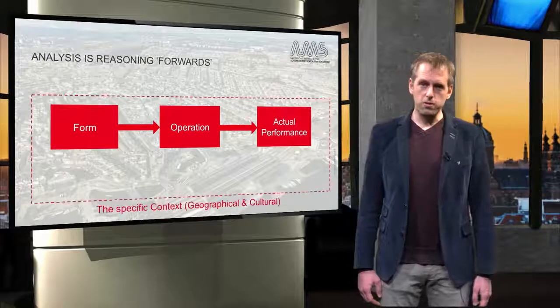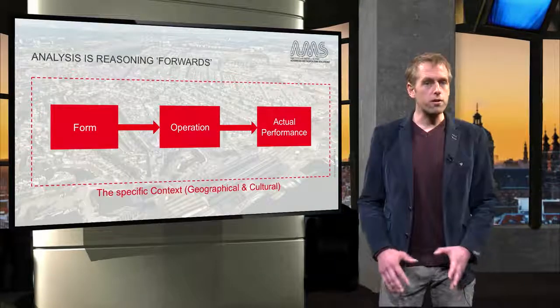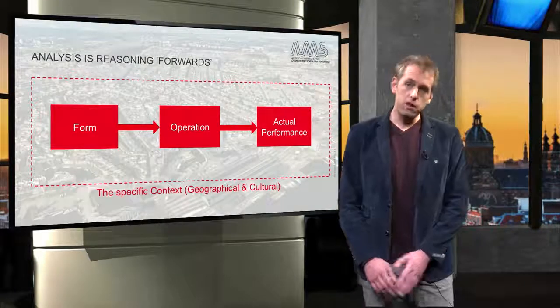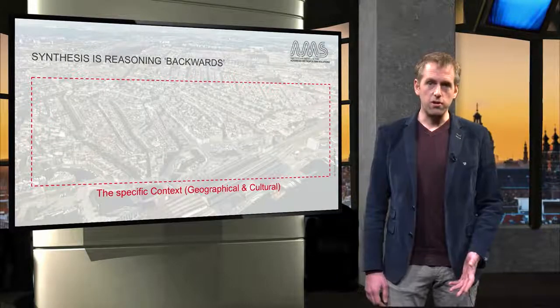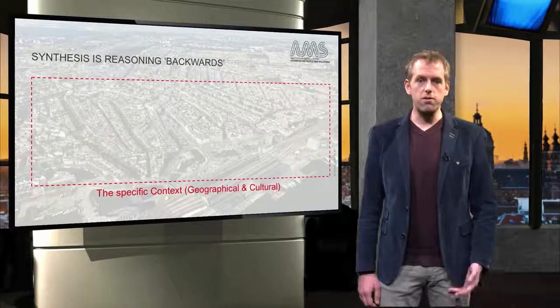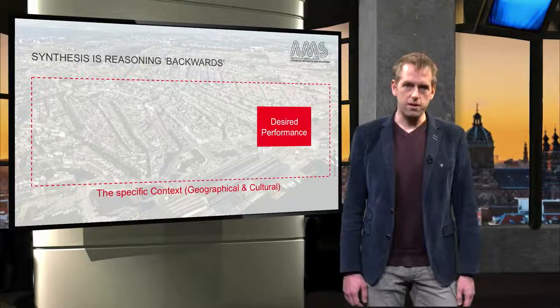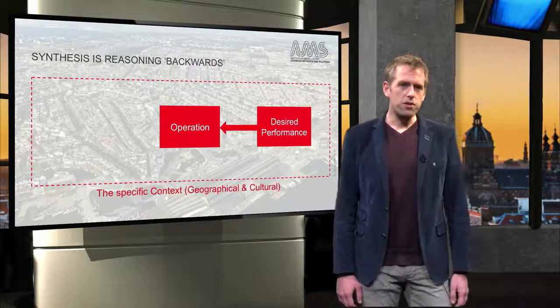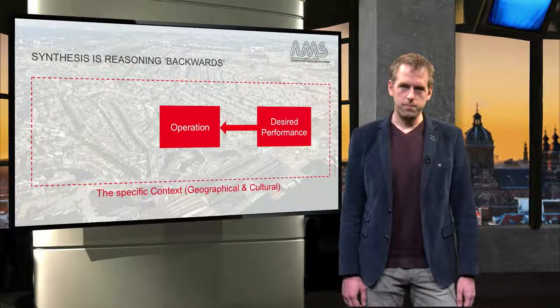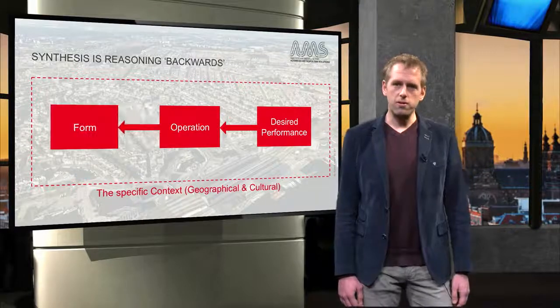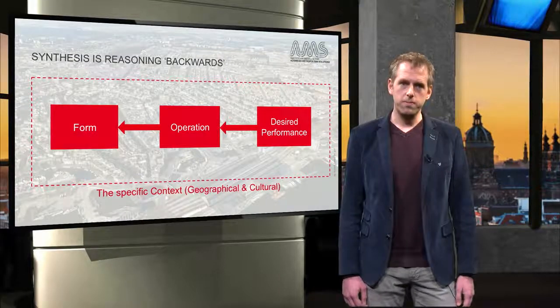This all takes place within a specific geographical and cultural context. Synthesis is reasoning backwards. It starts with looking at the context and the desired performance of the entity. How should the entity operate in order to achieve this performance? And what form is needed to facilitate this operation?